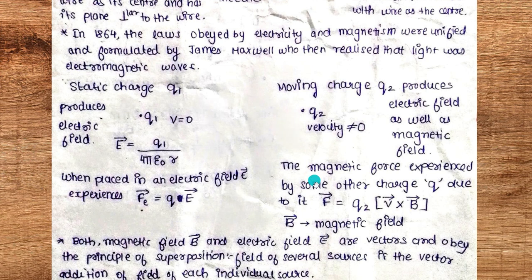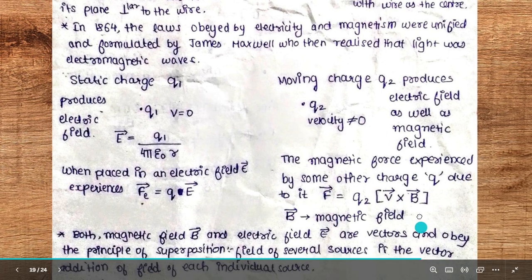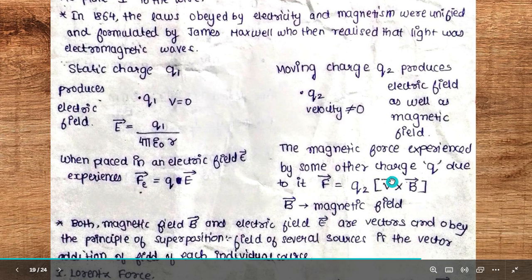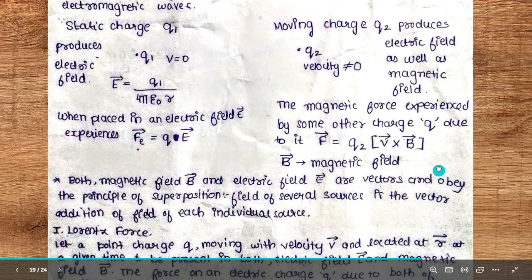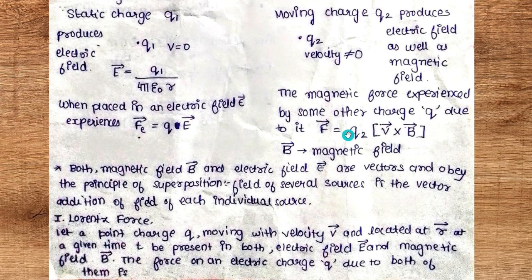It is given by the formula F bar equals Q into V bar cross B bar, where the blue dot is some other charge Q which is experiencing this force due to the magnetic field. Here V bar is the velocity of the charged particle and B bar is the magnetic field produced by that charged particle.